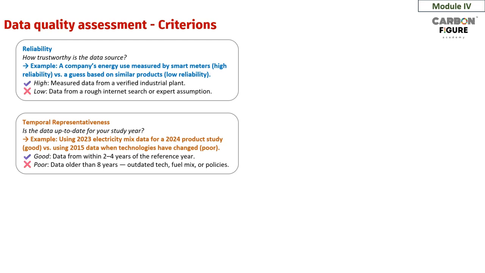So for example, using 2023 electricity mix data for a 2024 product study, where the temporal representativeness is good, versus using 2015 data when technologies have changed for a 2024 study, then your temporal representativeness is very poor. So when it is good, data from within 2 to 4 years of the reference year.